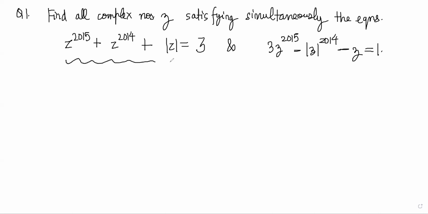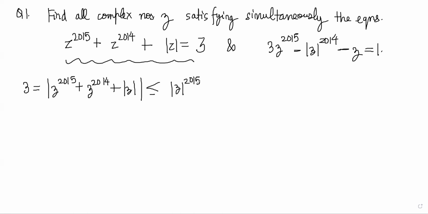Now, looking at the first equation, we can say that, taking modulus on both sides, 3 is equal to mod of this, right? And obviously we can apply the triangle inequality here. We will say 3 is less than or equal to mod of z power 2015 plus mod of z power 2014 plus mod of z.